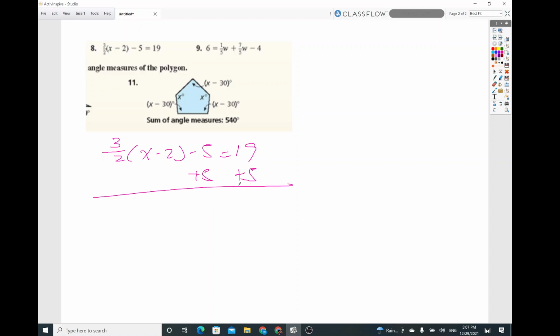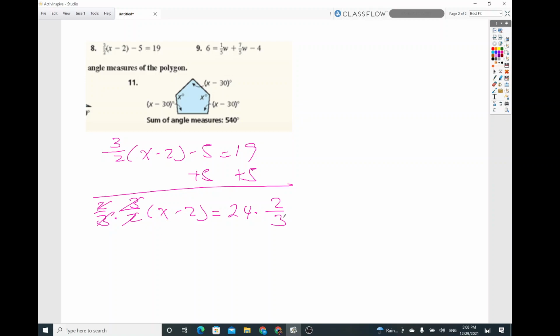So add 5 to both sides, and we have 3/2 times the quantity of x minus 2 equals 19 plus 5, which is 24. And then with 3/2, you might be wondering, can we get rid of the 3/2, or do we need to distribute? You can do it either way, but the best way is to multiply by the reciprocal of 3/2, because once we multiply by the reciprocal, we can cancel out the fraction. So 3/2 times 2/3, cross cancel, so it's gone.